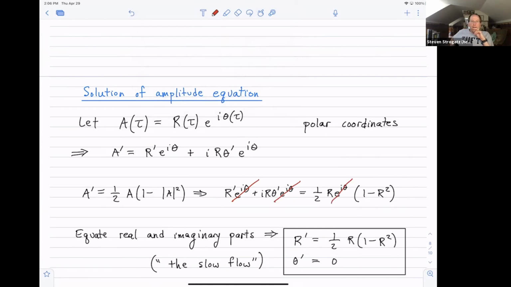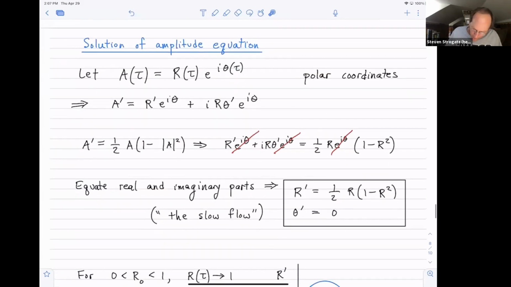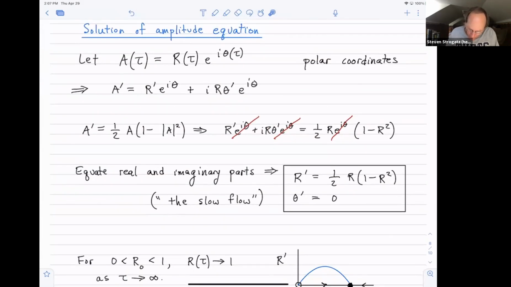And then you're left with a term r prime that is real, whereas this term I r theta prime is pure imaginary. And on this side, we only see something that's real now that we've canceled out the e to the I theta. So equating the real and imaginary parts, you get the equation for r to be r prime is a half r times 1 minus r squared. Nice little cubic differential equation that's separable for r. And theta prime is just 0.